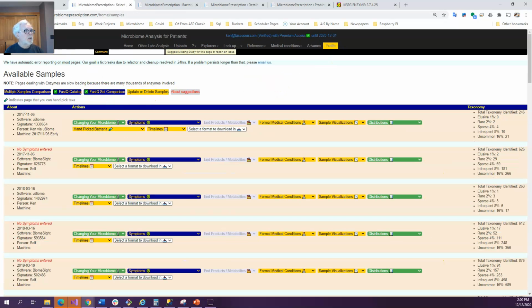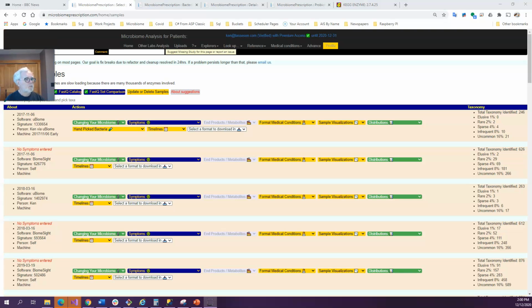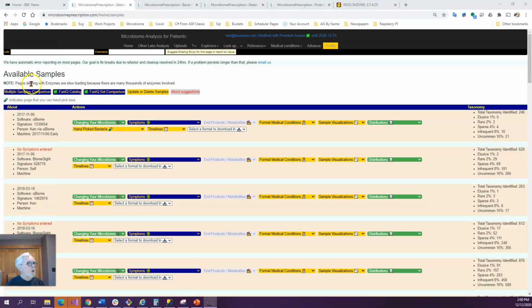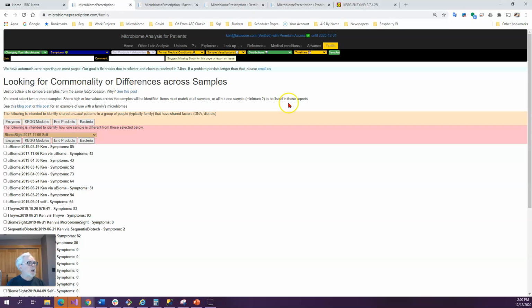And let me go and clear a few things around so you can see things better. We have multiple samples here. And we have two choices. One is you can look at a whole bunch of samples and see if there's a common pattern. Or you can take a look at one particular example, usually your latest example, and the prior examples and see if you can see any major differences.